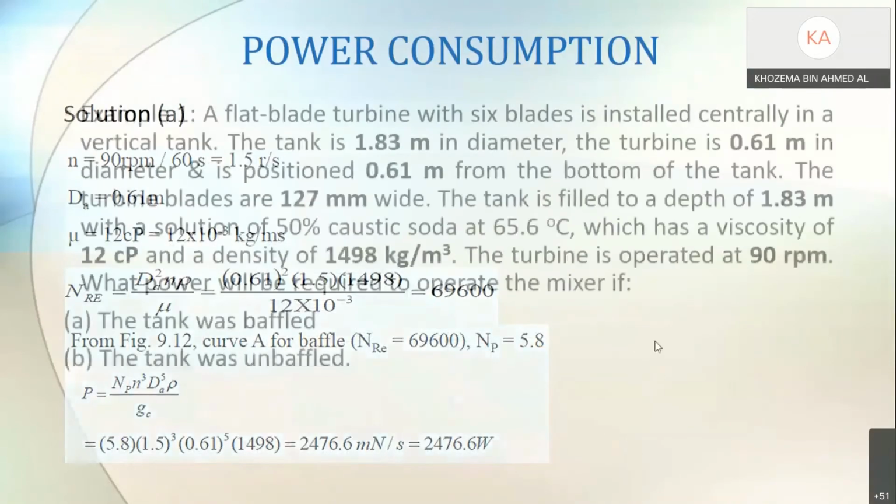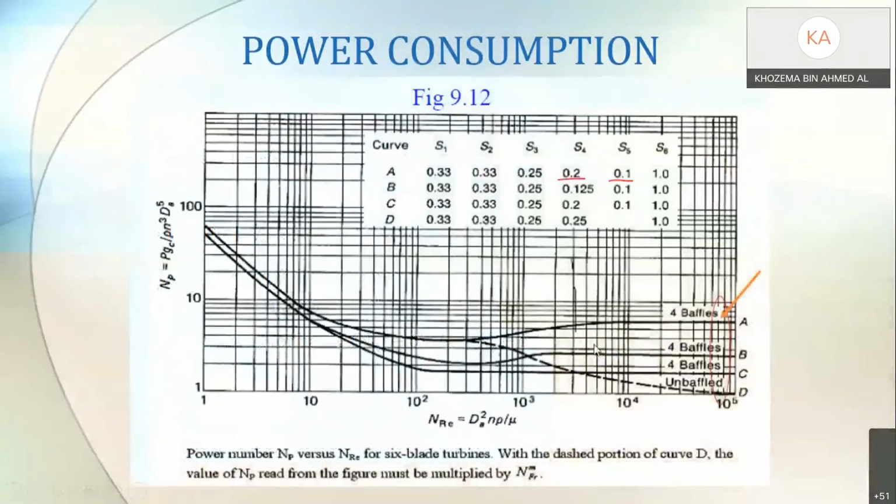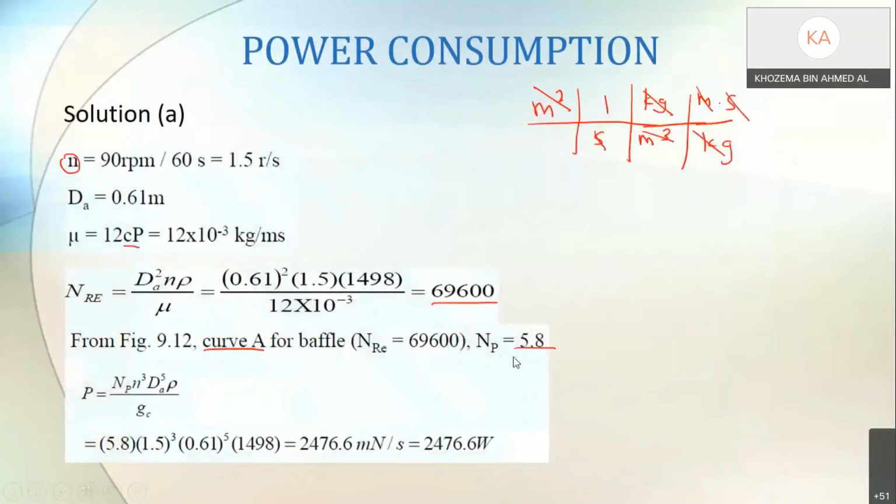I don't have a ruler, so you can actually try to use a ruler to find the correct value here. So this is just an estimate from my side. I get around 5.8.